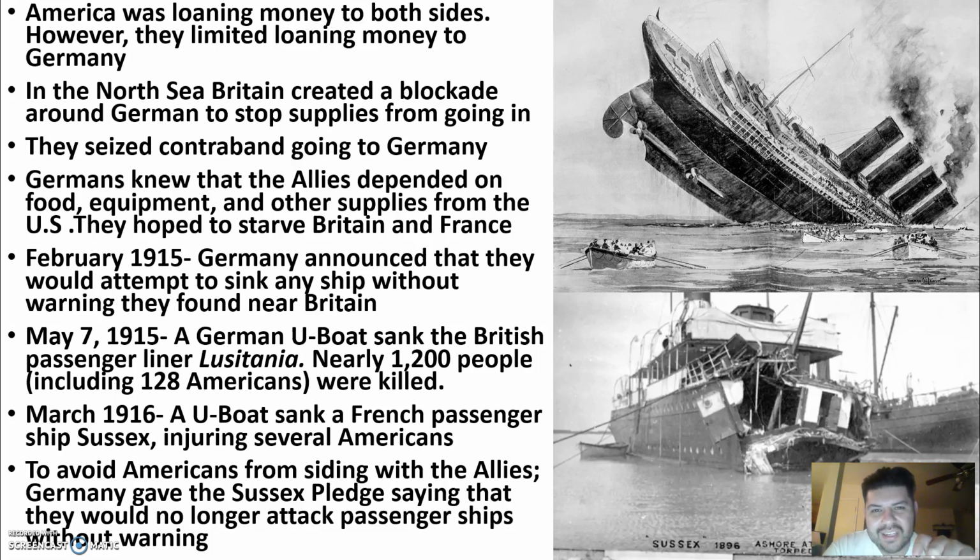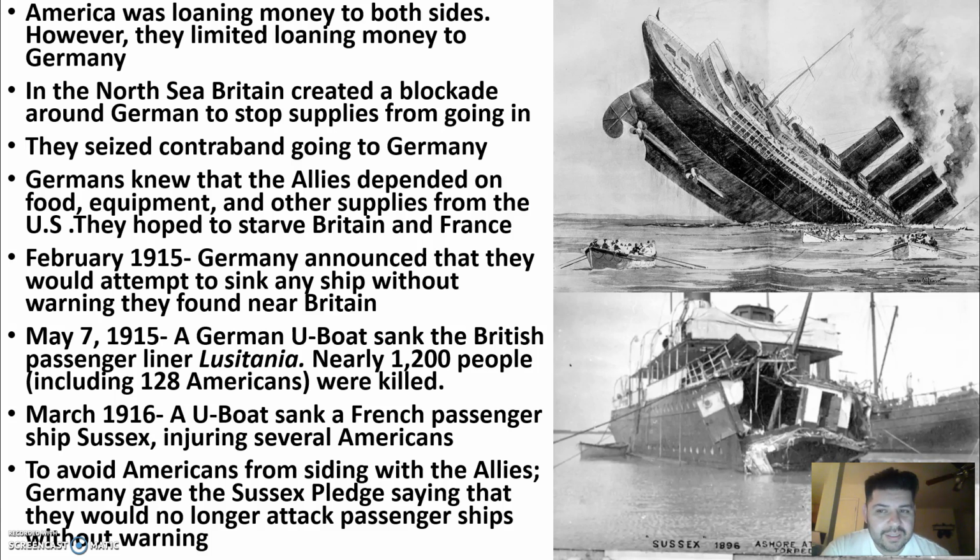Because of that, he stopped the loans towards Germany, but kept the loans going to Britain and France. That's basically putting all of our eggs in one basket, because if Britain and France lost, our money would be gone forever because there's no way they could pay us back. So that was really a risky move.